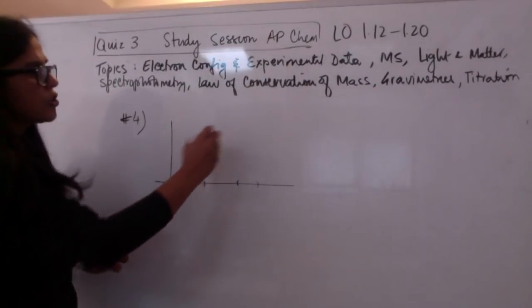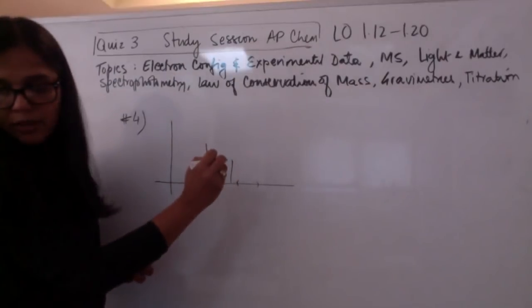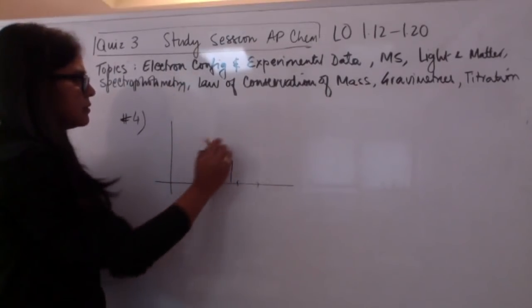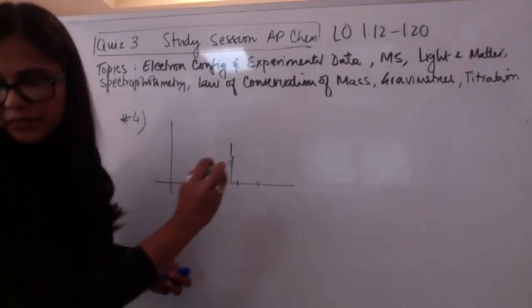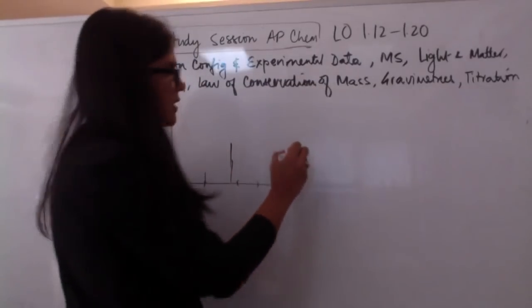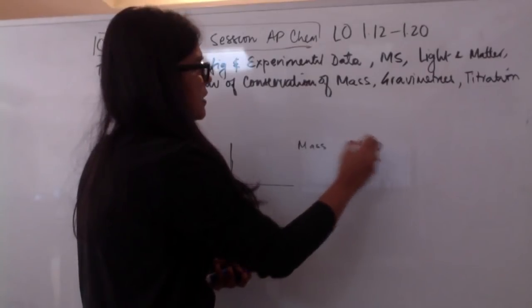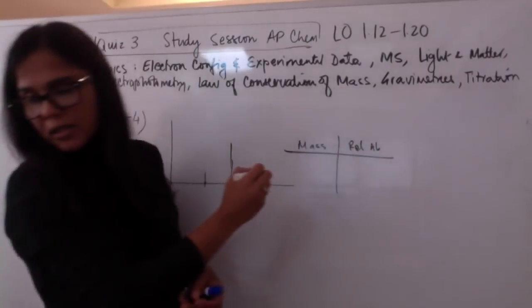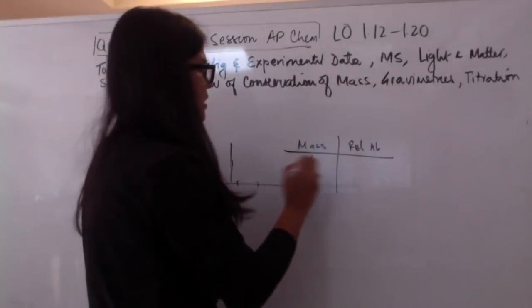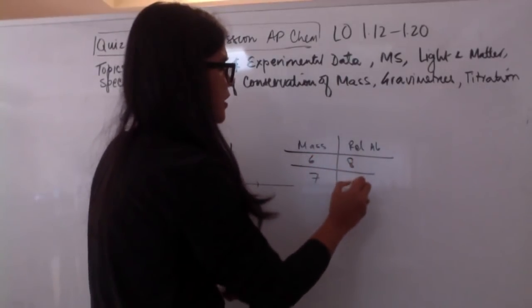You're also given a table, and the table has mass and relative abundance. The masses are 6, 7, 8, and 100.